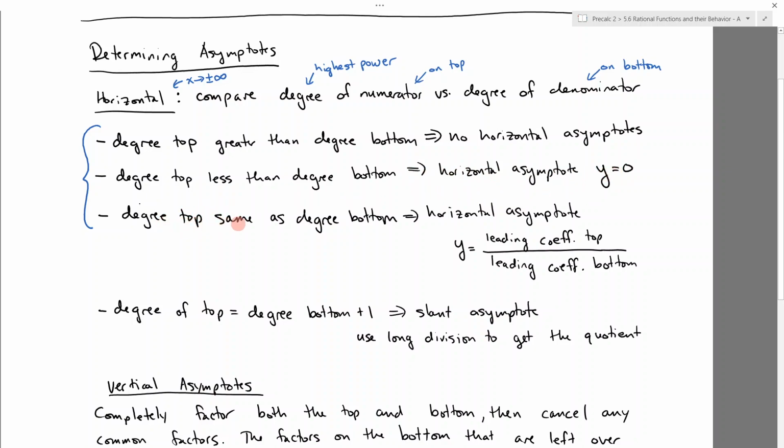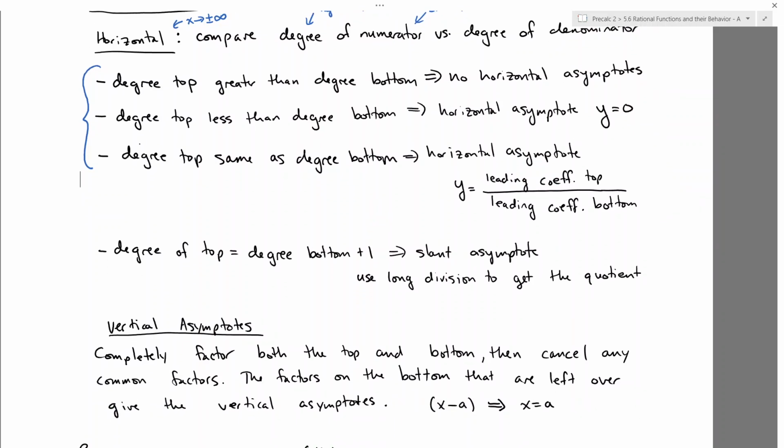And if the degree on the top is the same as the degree on the bottom, then we calculate the horizontal asymptote by taking the leading coefficient on top and dividing by the leading coefficient on the bottom. So this is what we look for for the horizontal asymptote. There's actually another case where you have a slant asymptote, but we probably don't have to worry about this case.